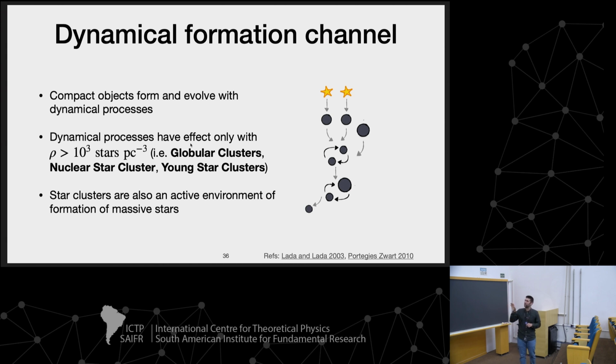This formation channel takes place where the density of stars is above 10 to the 3 stars per cubic parsec. This happens in globular clusters, nuclear star clusters, and young star clusters. These places are also an environment of formation of massive stars. So in these places you have massive stars that can generate black holes, and these massive stars can interact with each other.